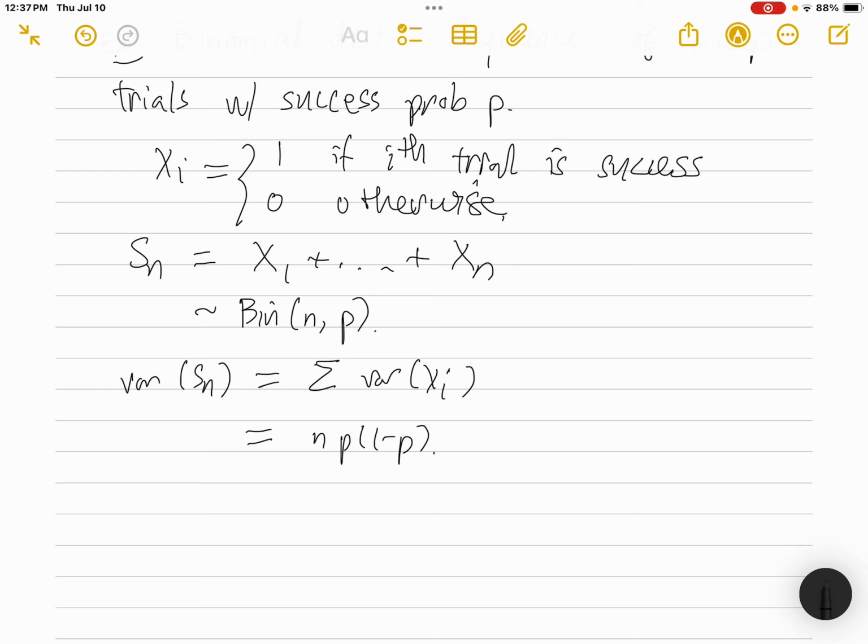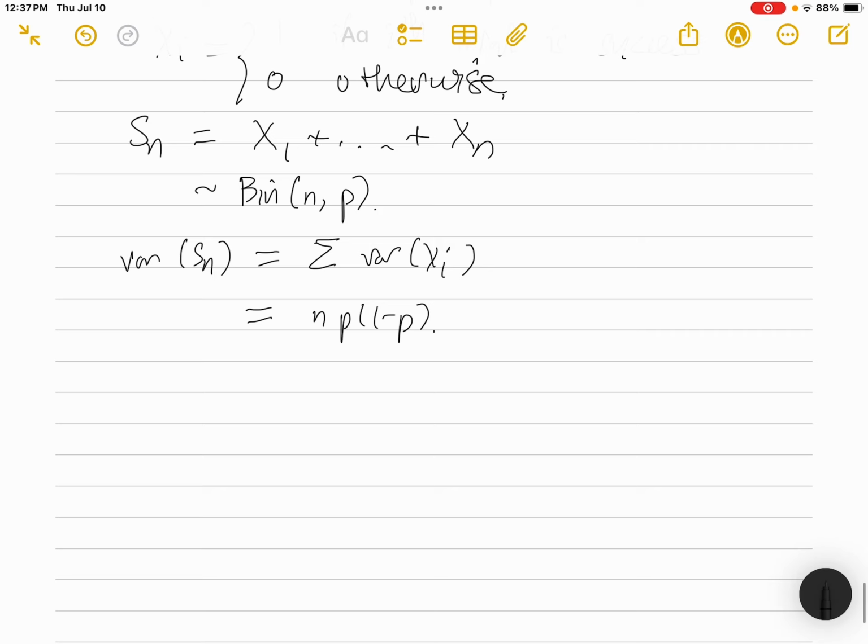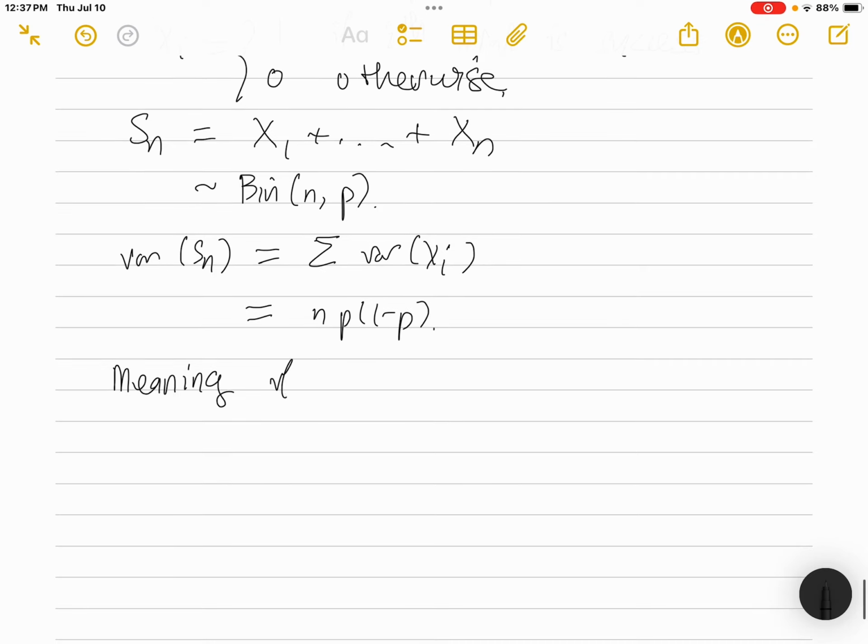We're going to use the covariance to define the correlation of two random variables. Basically, in general, what is the meaning of the sign of the covariance?